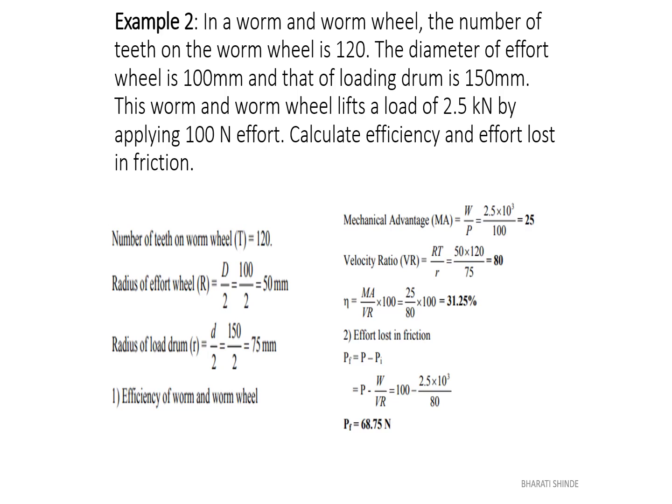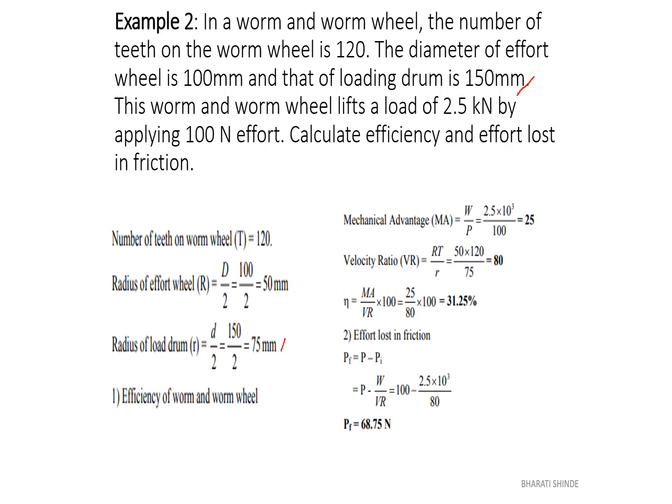Then radius of load drum, as diameter is given as 150 here, we can find radius 150 divided by 2, which is 75 mm. And we have to find efficiency and effort lost in friction.